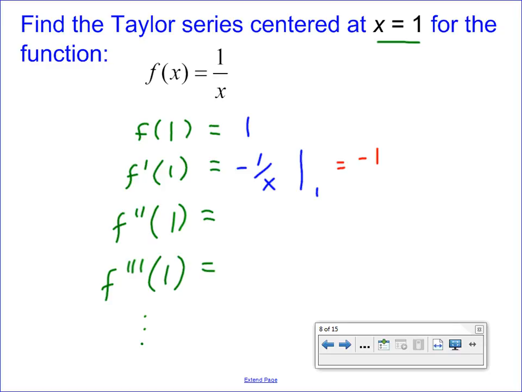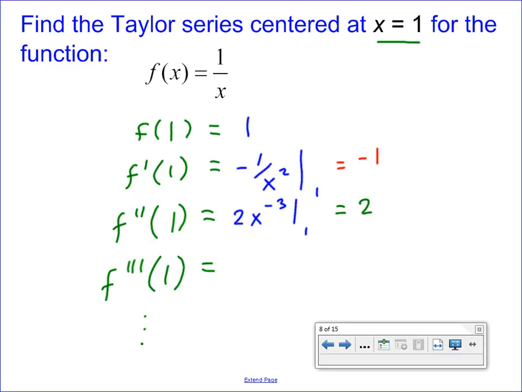F double prime would be the derivative of negative 1 x to the negative 2, sorry, so that would be negative 2 times negative 1, which is positive 2 x to the negative 3. Evaluate at x equals 1 gives me positive 2. Are you getting positive 2?